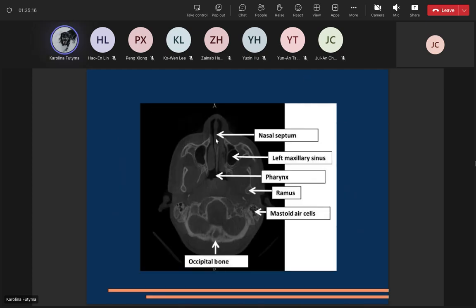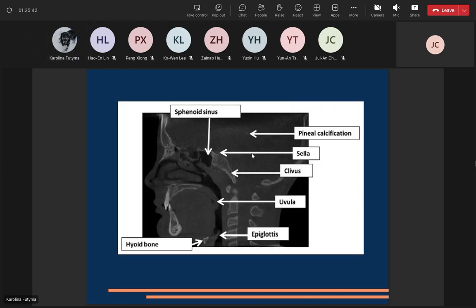Okay, nasal septum, left, right maxillary sinuses, the area of the pharynx, of course. This is the occipital bone here. This is the mastoid process. Here we have the ramus of the mandible. This is the zygomatic arch or zygomatic process, maxillary process.